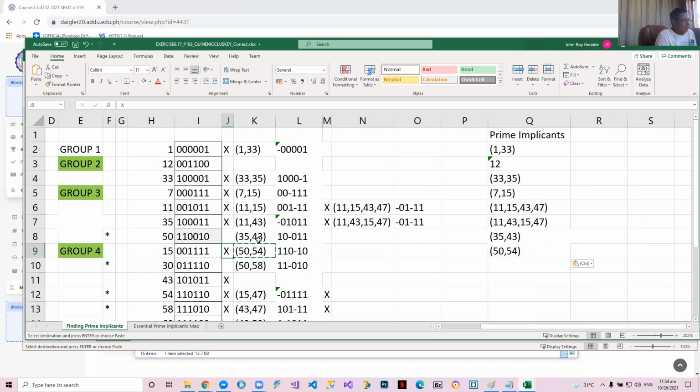Okay. 50. How about 50? May X, dapat ang X 50, dapat sir. Ang 50 kaya nasali siya dito sa baba, oh. No? How about 30? Is 30 a prime implicant? Yes, kasi wala talagang 30, di ba?